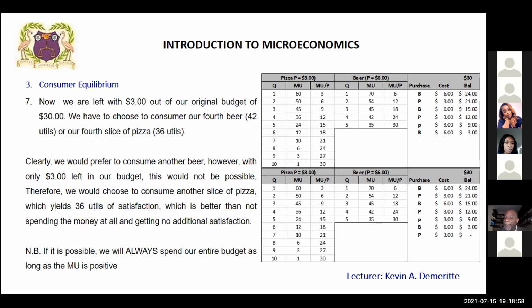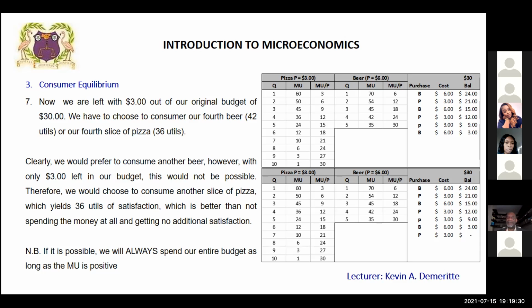So we really would prefer the beer, because the beer would give us more enjoyment. But we only got $3. So clearly we would prefer to consume another beer. However, with $3 in our budget, this would not be possible. So despite the fact that we would want another beer, we're going to spend our $3 on pizza and take our 36 units of satisfaction and call it a night.